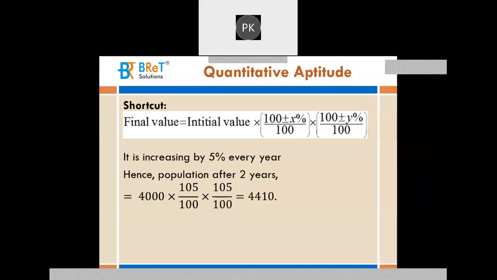Now shall I dictate the question? Will you write down now? Have you written this formula and other things? I'll dictate the question also, and I'll type that question in the chat box.